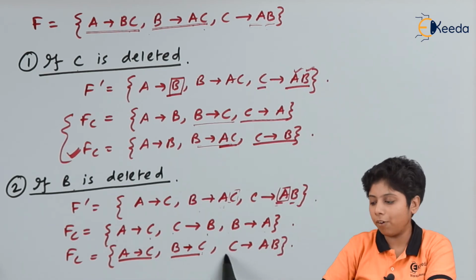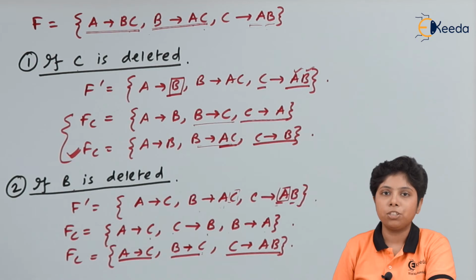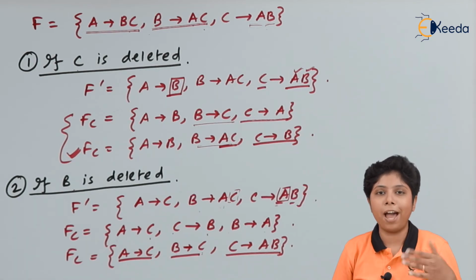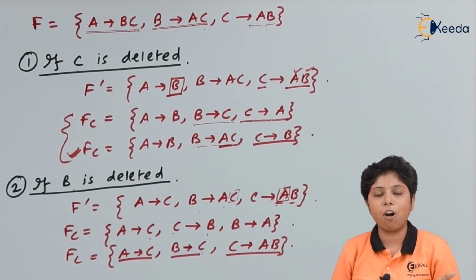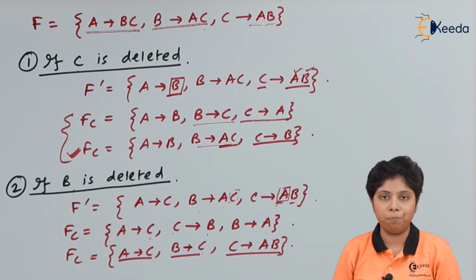So it will be C defines AB. So there are more possibilities of having greater than 2, 3, 4 canonical covers from a single relation F.